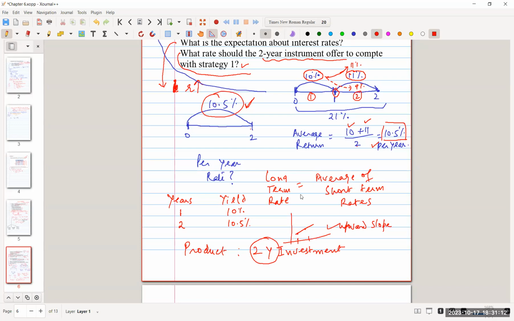So one is a cup of tea, one is a cup of coffee, and there's nothing to choose because the satisfaction derived from both cups is 10.5%. So we can say that bonds or financial instruments with different maturities are perfect substitutes of each other. That is another takeaway from the pure expectations theory.